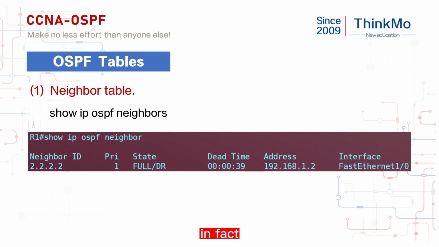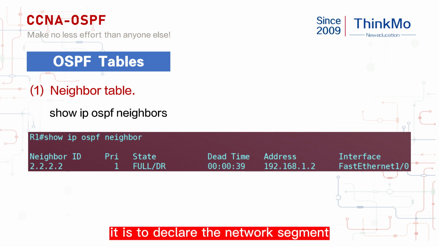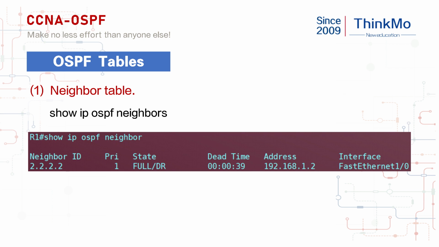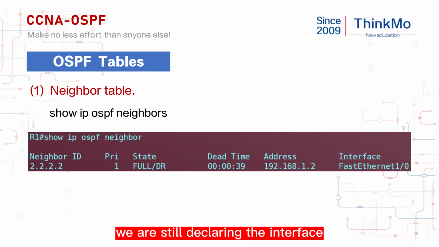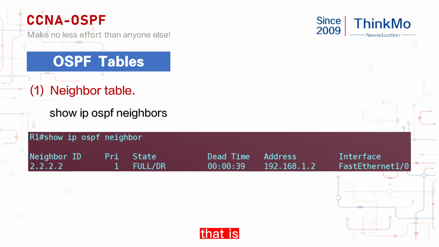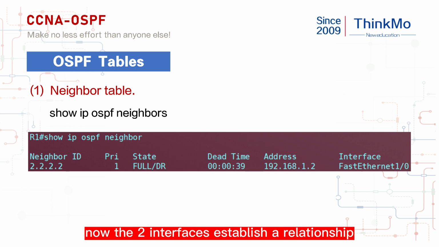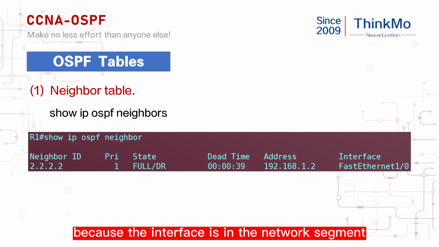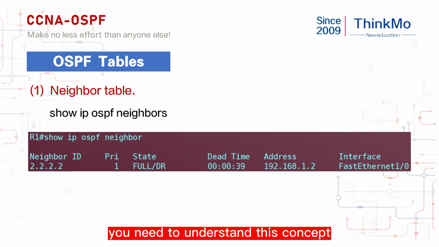In fact, it is to declare the network segment where the interface is located. In fact, we are still declaring the interface. That is, now the two interfaces establish a relationship, because the interface is in the network segment. So we say it is to declare the network segment. You need to understand this concept. This priority refers to the interface priority.